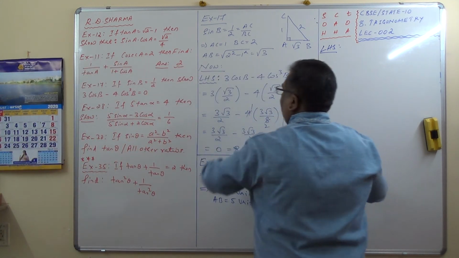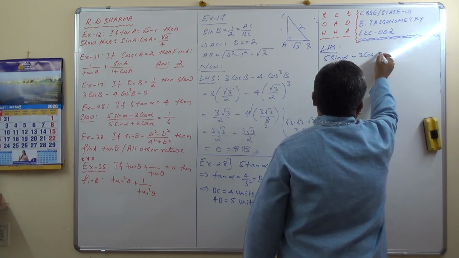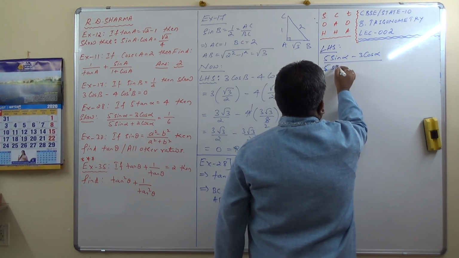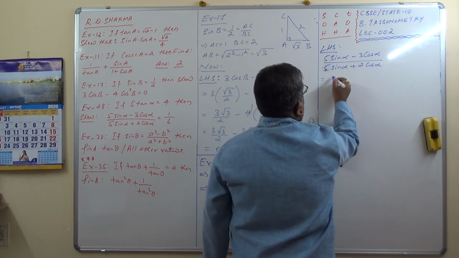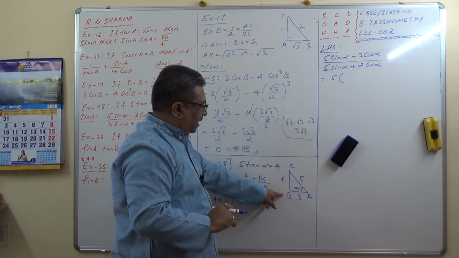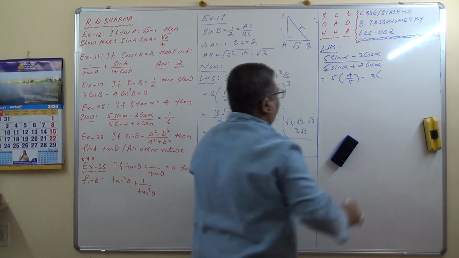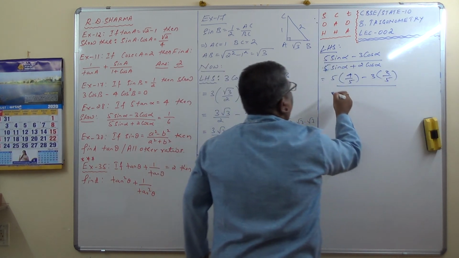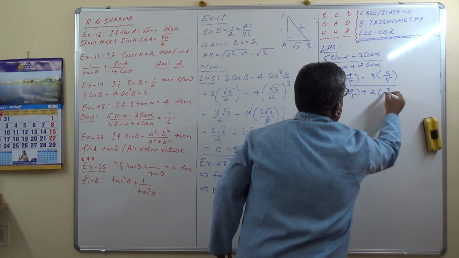So left hand side is 5 sin alpha minus 3 cos alpha, the whole divided by 5 sin alpha plus 2 cos alpha, which equals 5 times sin alpha, which is 4 by 5, minus 3 times cos alpha, which is 3 by 5, the whole divided by 5 times 4 by 5 plus 2 times 3 by 5.